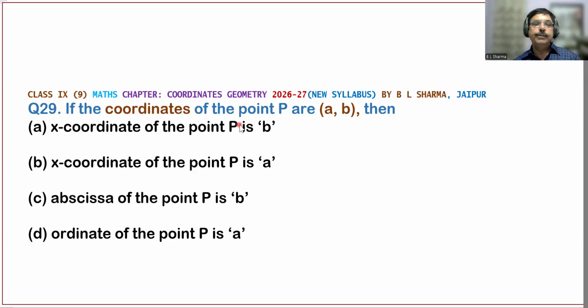The coordinates of a point P are given: x coordinate is A and y coordinate is B. See, the x coordinate of the point P is B, no. The first component is the x coordinate, so the first option is not correct. Second, the x coordinate of a point P is A. Yes, the first component is A, so we can say this is correct.